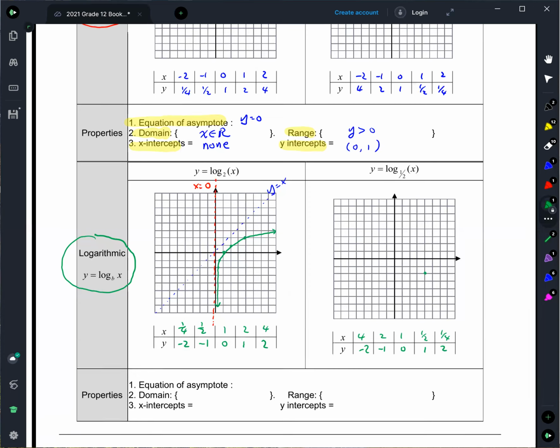Okay, and then 2 is -1. 1 is 0. Half is 1. Graph goes this way.